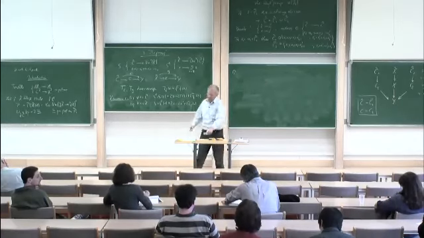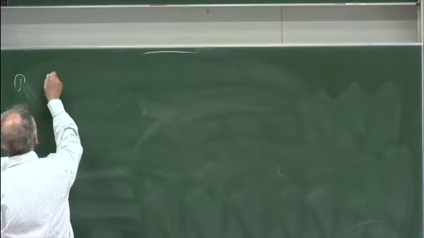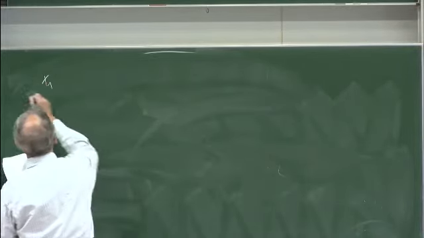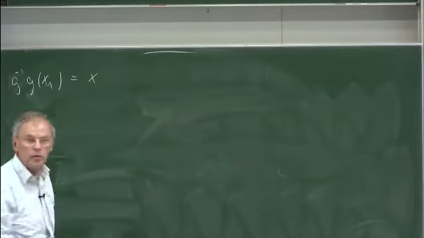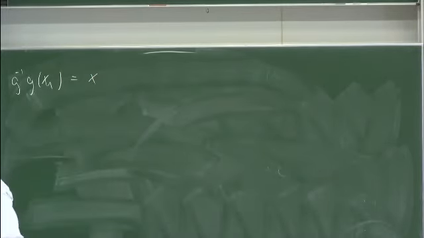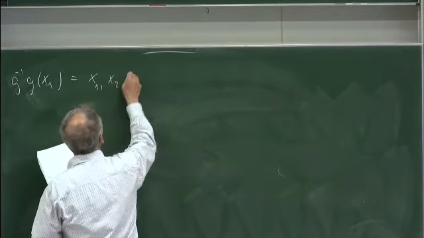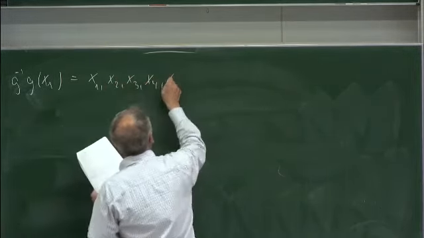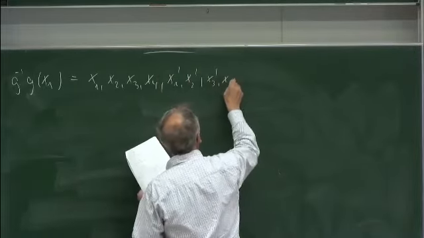So fix one point x1. Then g to the minus 1 g of x1. Well, to express this by a matrix, we have to take two bases. So we take the basis x1, x2, x3, x4, x1 prime, x2 prime, x3 prime, x4 prime.